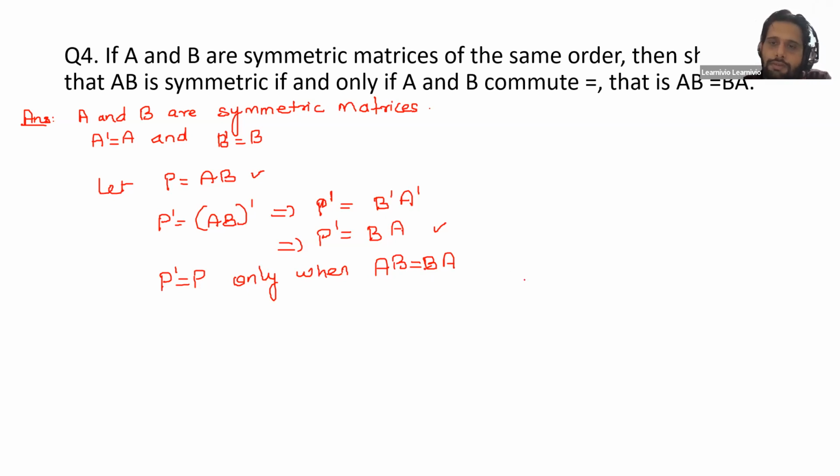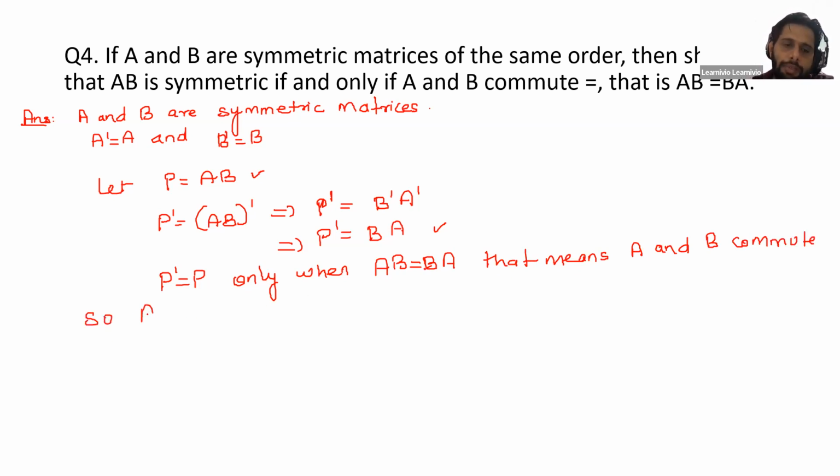So that means A and B commute. Okay, this means AB is equal to BA.